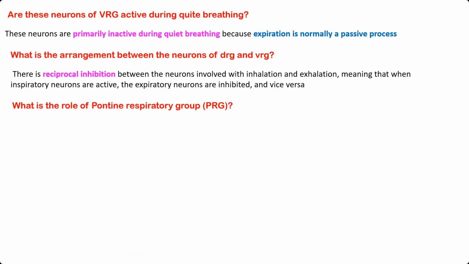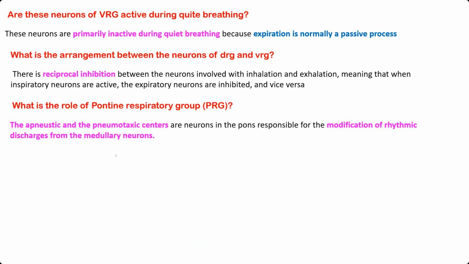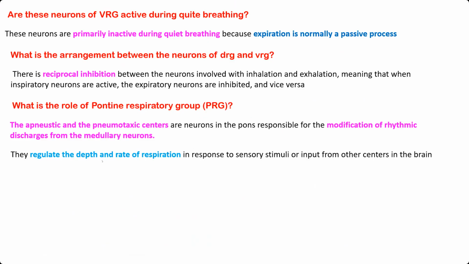And the role of the spontaneous respiratory group, that is the apneustic and pneumotaxic centers, is modification of the rhythmic discharge from the medullary centers, and they regulate the depth and rate. So these medullary centers are for changing from inspiration to expiration and expiration to inspiration. That rhythmic activity is from the medullary centers, whereas the rate and depth of respiration is controlled by the pontine centers.